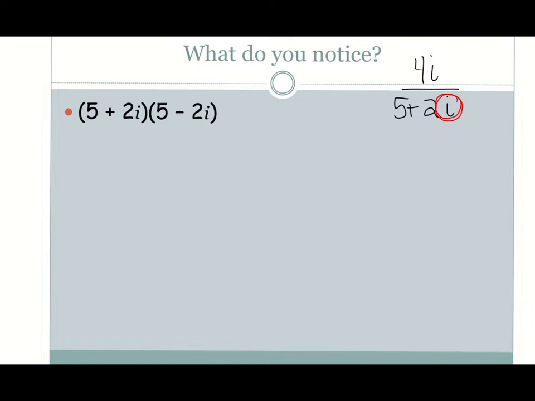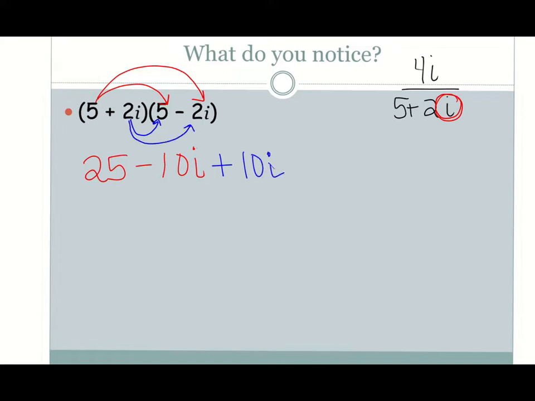Well, if I go ahead and multiply these, if I take 5 times 5, I get 25. 5 times negative 2i, I have negative 10i. And then if I take 2i times 5, I have positive 10i. And I take 2i times negative 2i, I have negative 4i squared. Well, what do I see is happening here?